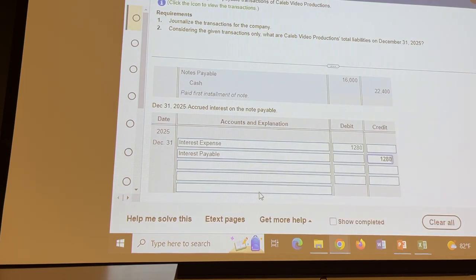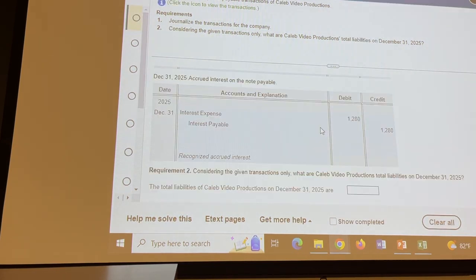And at the bottom, recognize accrued interest. And then it says, considering the given transactions only, what are Cala Video Productions' total liabilities on December 31st, 2025?